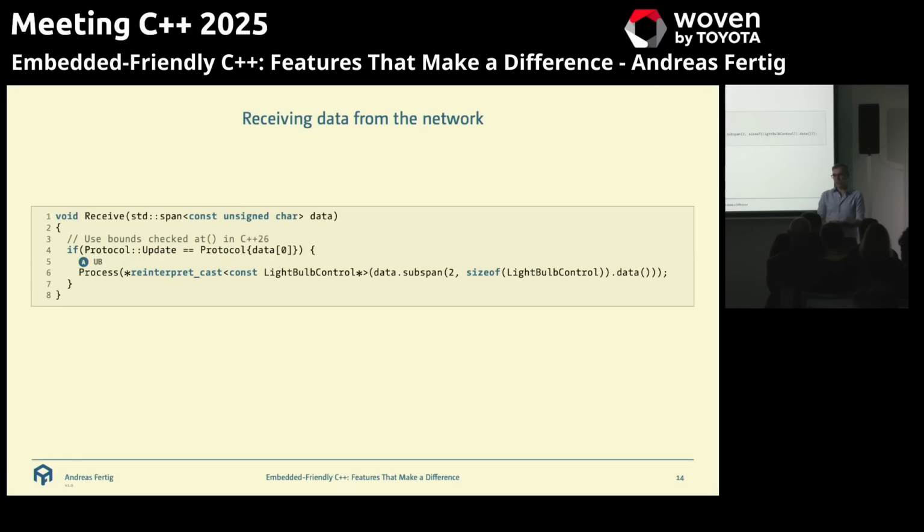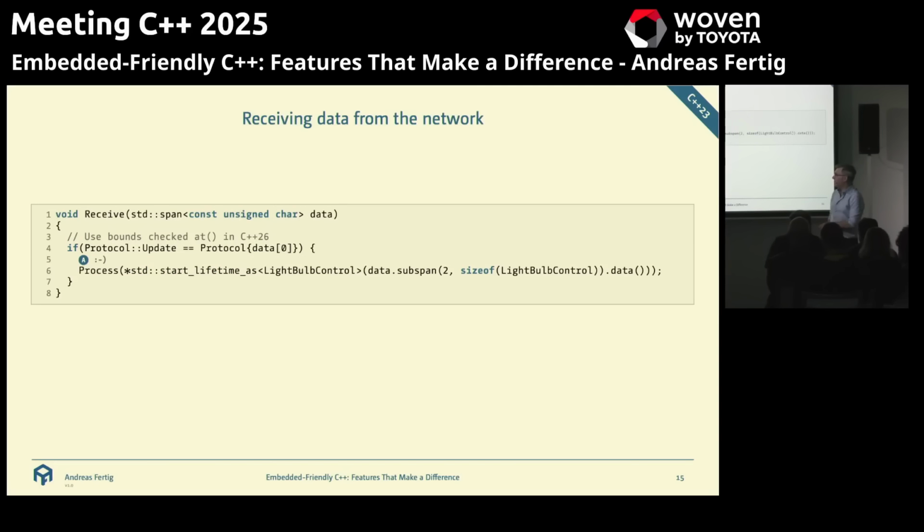But this is the trickery here, and one major reason why start_lifetime_as came in is that most of your implementations with reinterpret_cast work, because your compilers are somewhat agreeing with you that this should work. But they have a hard time to fight with their optimizers.